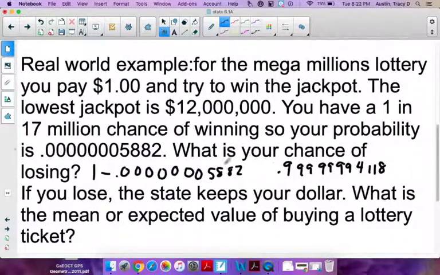I think that's what that is. That is your chance of losing. If I got it wrong, you can correct me when you see me next. Just make sure you've got the right number in there.